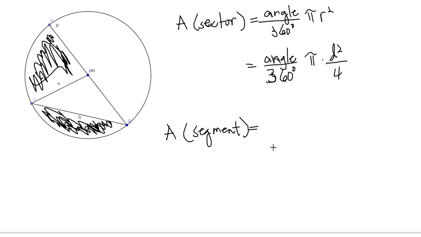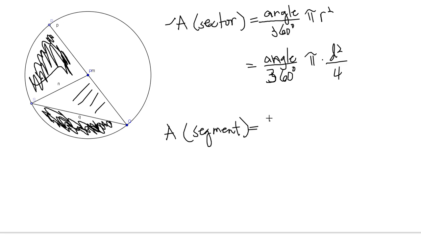there are two ways that you can do it. Either you solve the area of this triangle first, and then solve the whole sector using this formula, and then solve the area of the segment. Or there is also a formula that you can use.